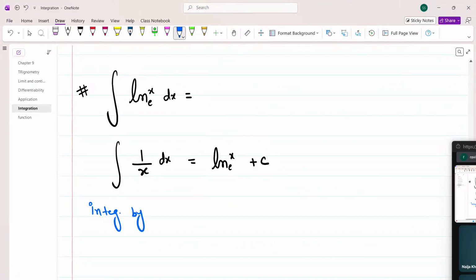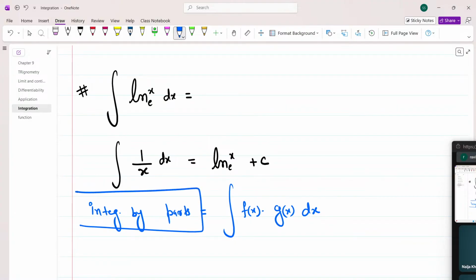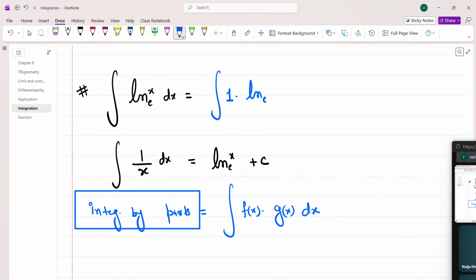Integration by parts means if we have two functions in multiplication to integrate, then how do we handle this? This is covered in your integration by parts. So here we can integrate with the help of two functions, one times ln x. This is the product of two functions I am considering. The first one is the algebraic function, and the second one is the logarithmic function. This is called integration by parts.